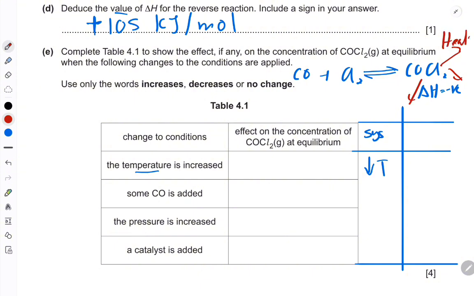So the system will try to cool it down. So it'll go in the opposite direction. So now you look at the direction on this side, it'll go in the opposite direction. And when this happens, the concentration of COCl2 will of course decrease, because we want the effect on the concentration. So this will cause it to decrease.